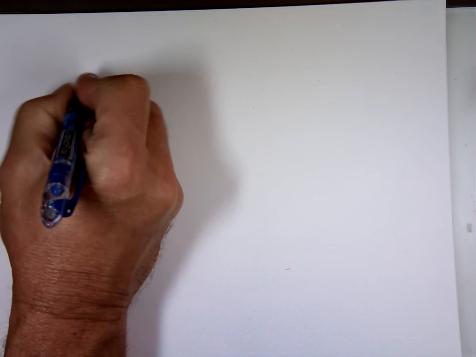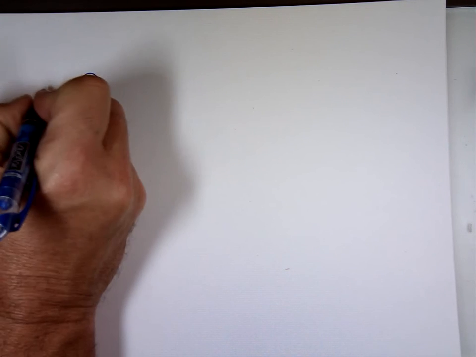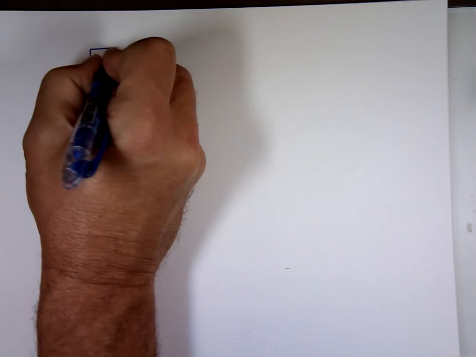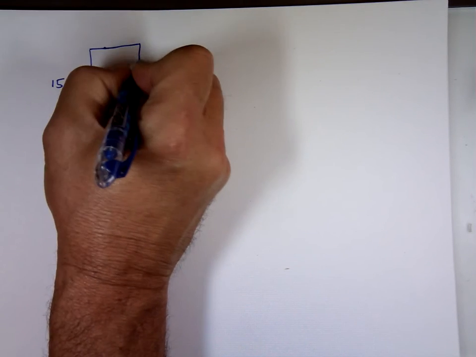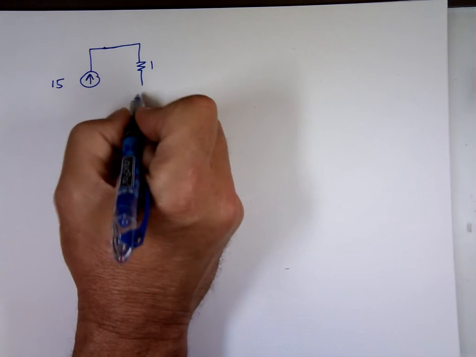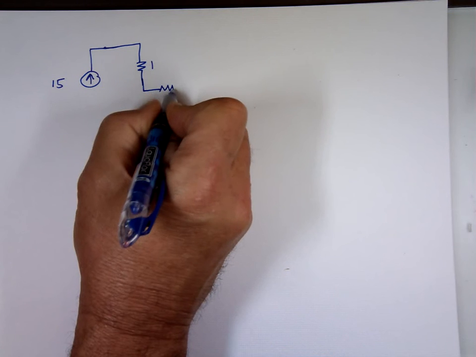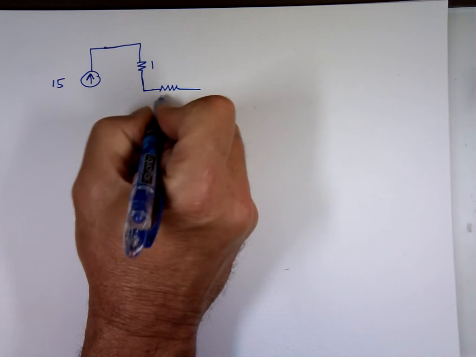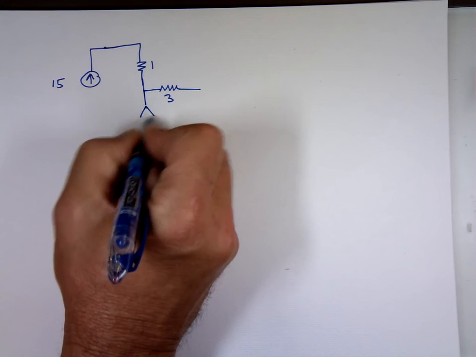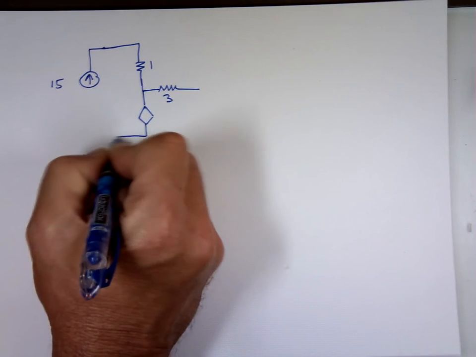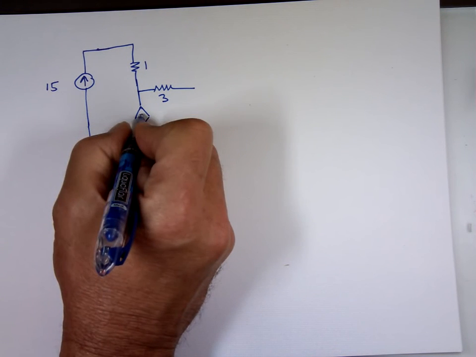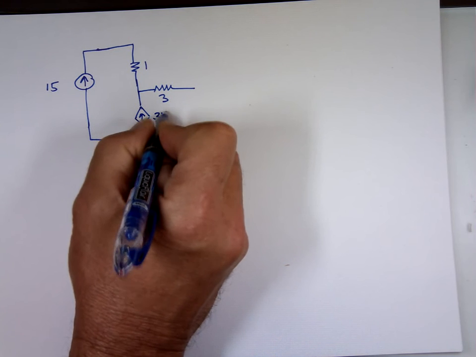15 amps. That's another example now, a different one. This is 1. This is 3. And this is defined as 3Vx. And Vx is defined as plus to minus right here.